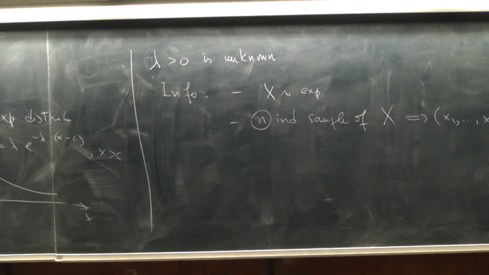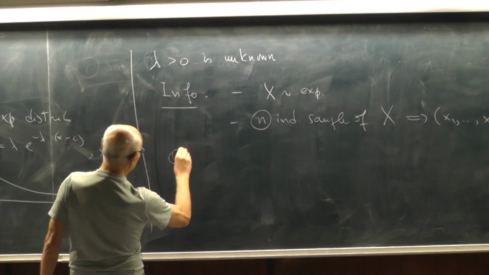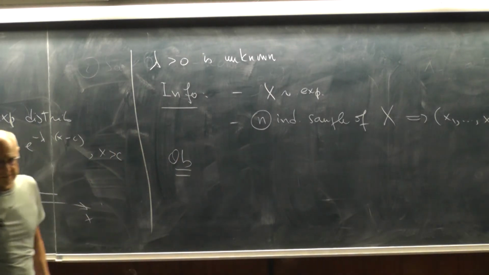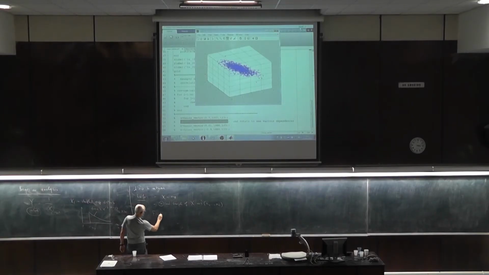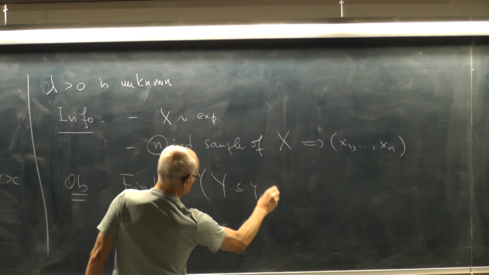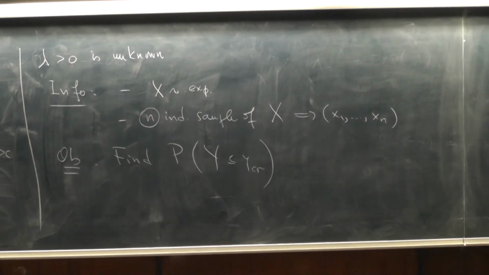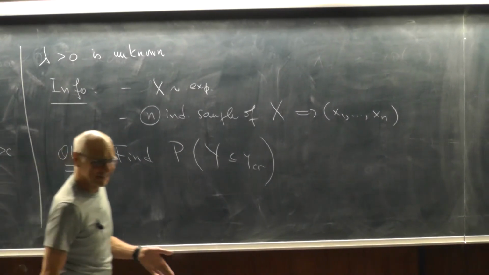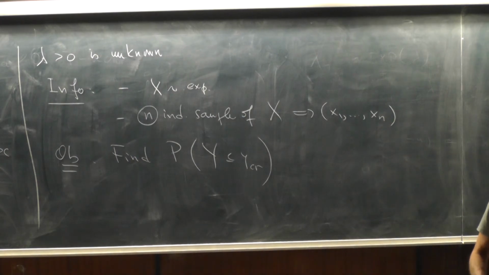We have such and such. So that's the available information. Our objective is to find, for example, this probability. Of course, if we know lambda, it's very easy to write it. But if we don't, we have to do something about it.